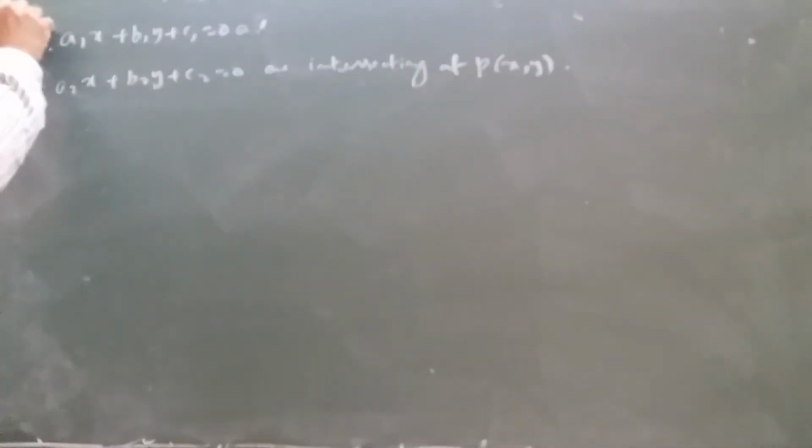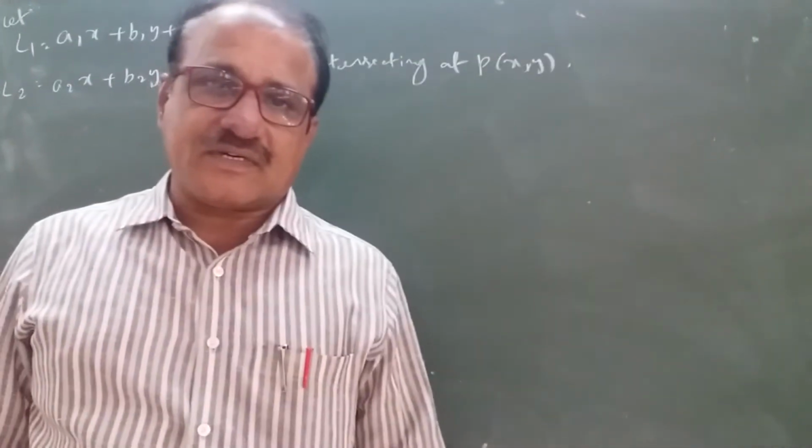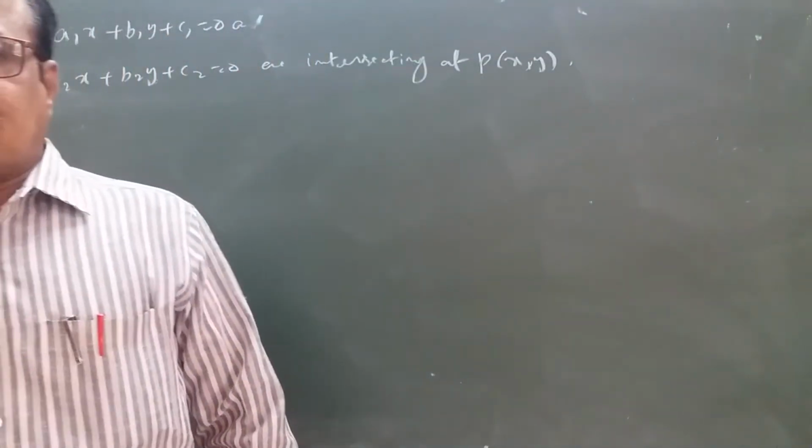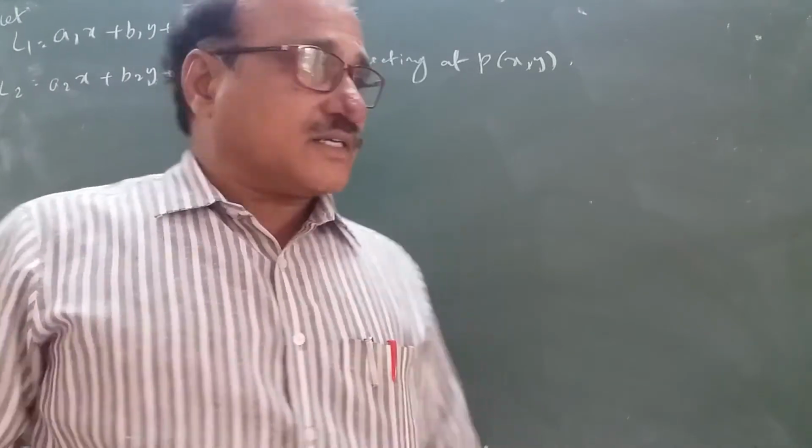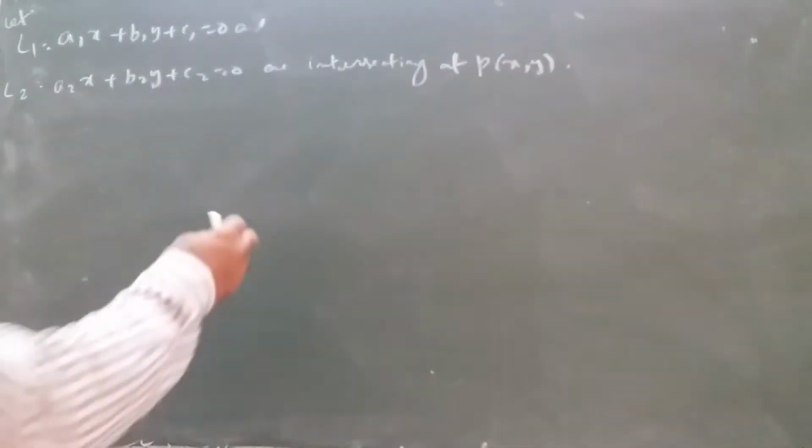Let these two straight lines L1 equal to a1x plus b1y plus c1 equal to 0 and L2 equal to a2x plus b2y plus c2 equal to 0 intersect at the point P(x1, y1) like this.